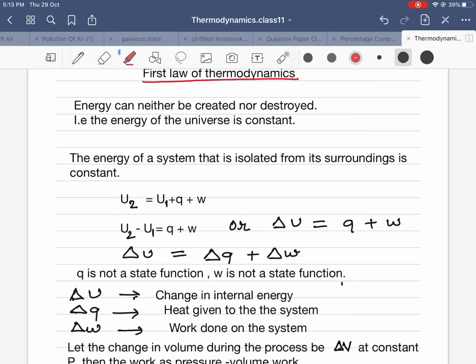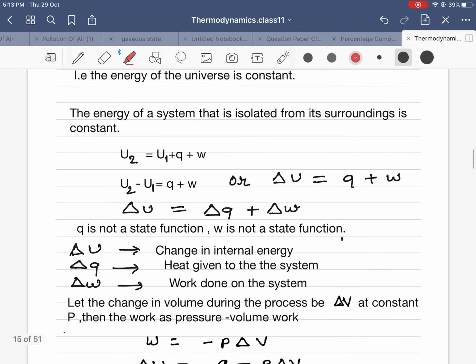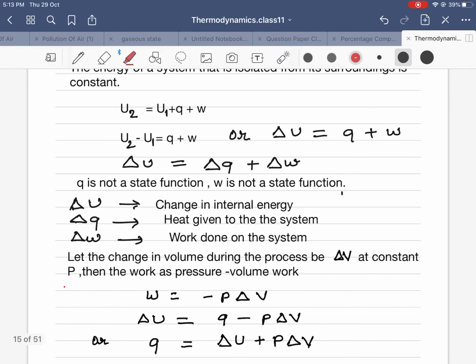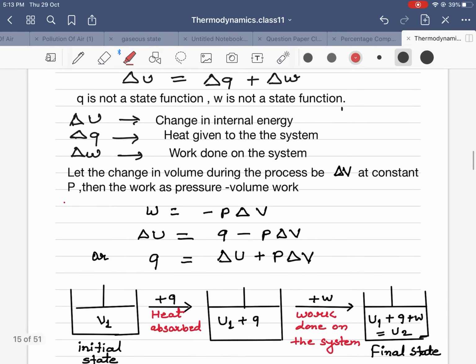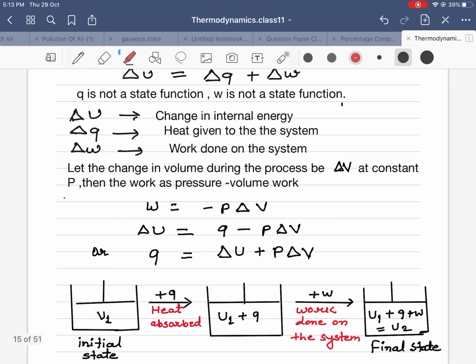The internal energy of a system can be increased in two ways. First, by supplying heat to the system, and second, by doing work on the system. Suppose the initial internal energy of the system is U1.